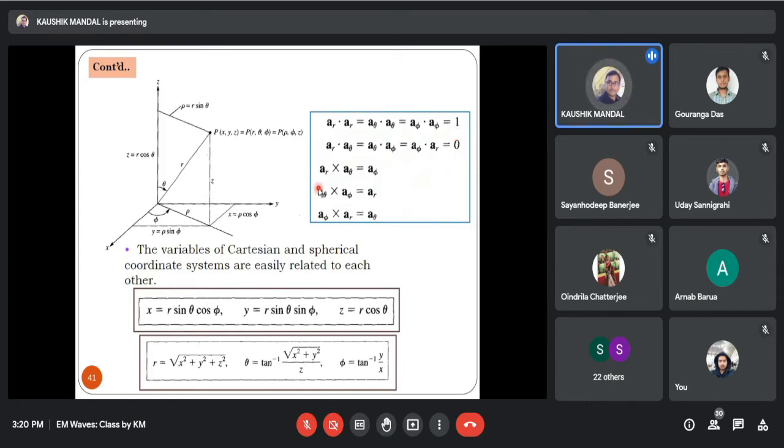Now if you consider the cross product between AR and A theta, it indicates towards A phi. A theta and A phi will indicate towards AR, and the cross product of A phi and AR will indicate towards A theta. So these are all mentioned in terms of spherical coordinate systems.